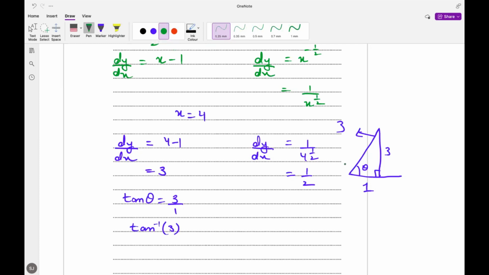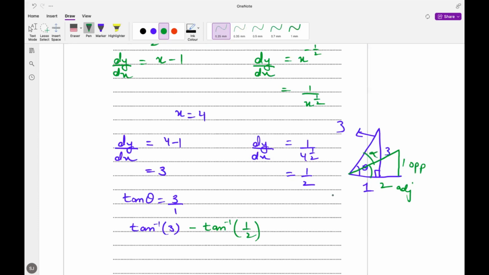For the second tangent, the gradient is 1 upon 2. So this will mean that this length is 1 and this length is 2, as this is opposite and this length is adjacent. So we'll use minus tan inverse of 1 upon 2 to find the angle that this tangent makes with the horizontal.